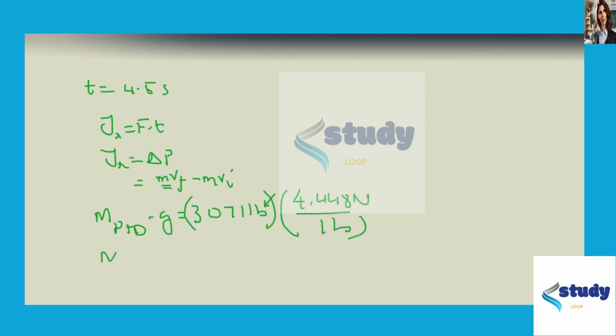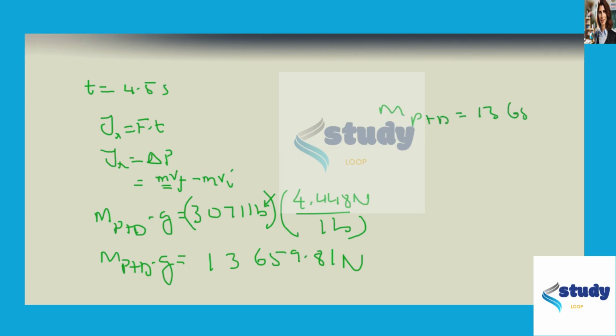So we have to change that such that the weight of the system in newtons is 3,071 times 4.448. That gives us 13,659.81 newtons. So that's what we're going to use to get the mass of the Prius and the driver.